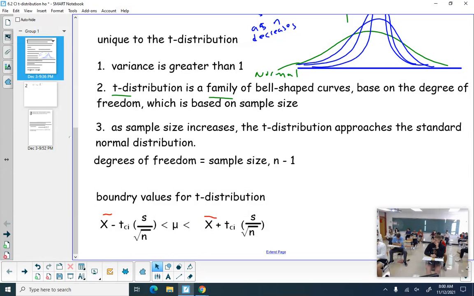If we take a look at the bottom of the table, it takes us down to a degree of freedom of 28, and then it stops, because the next row down is a z-value. The z-values that I gave you yesterday in your notes, you can find at the very bottom of this chart.